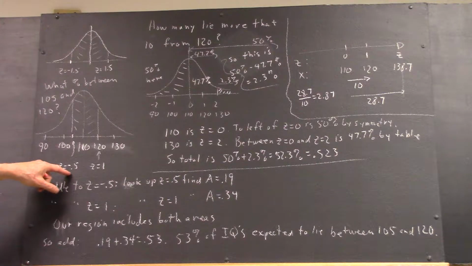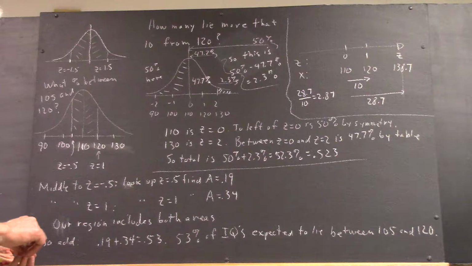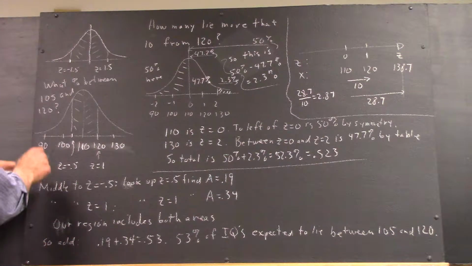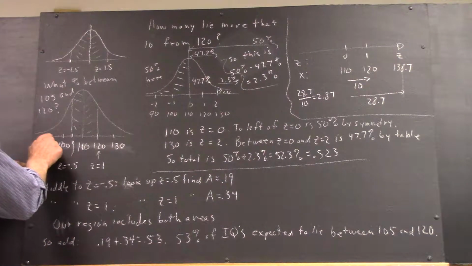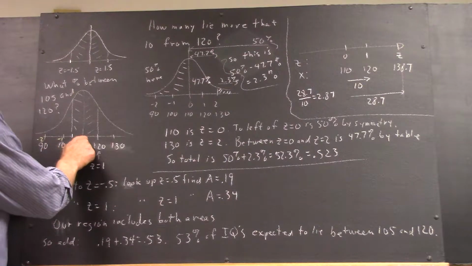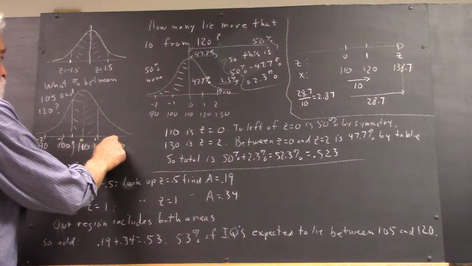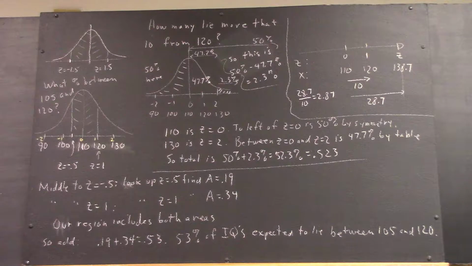And we know that's at z equals negative 0.5. Now, it would be good to have labeled the z values. Negative 2, negative 1, 0, 1, 2. Just as a reminder, but we pretty much know those by now. So I could leave that as optional, but I still recommend that you actually label them.